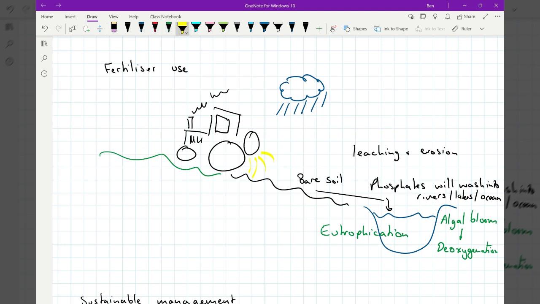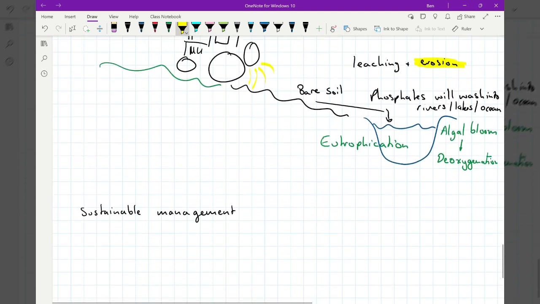The difference for this between nitrates and phosphates is this erosion aspect. Because phosphates bind with particles in the soil, if those particles are washed away by erosion into watercourses, then you increase the amount of phosphates dramatically in a watercourse.